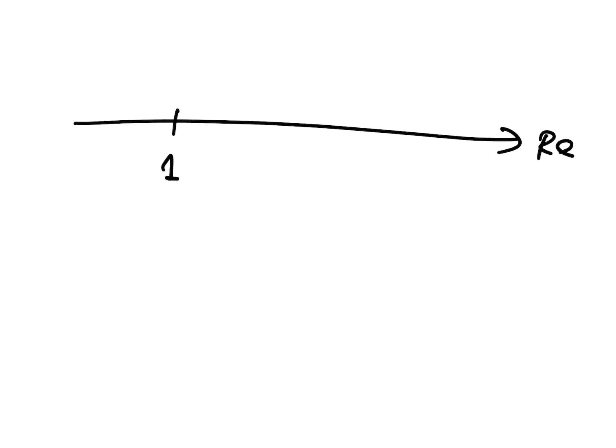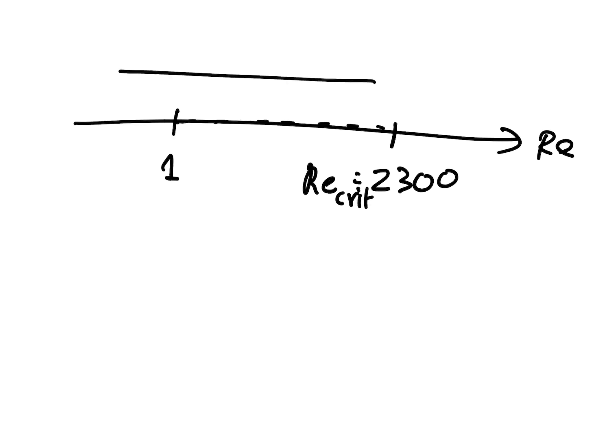Okay, in the same scaling, if your Reynolds number is more than 1, it doesn't mean it's turbulent, or that it's not laminar. In fact, for pipe flow, it has been empirically found that until about 2300, which we label as the critical Reynolds number, the flow is laminar.